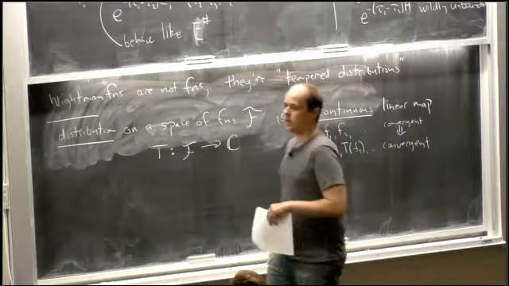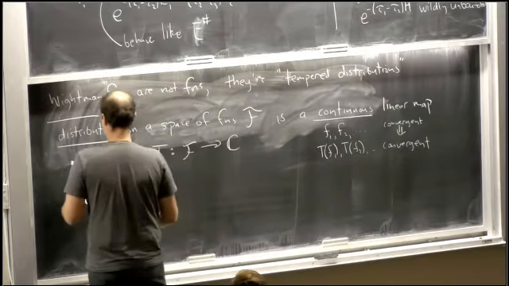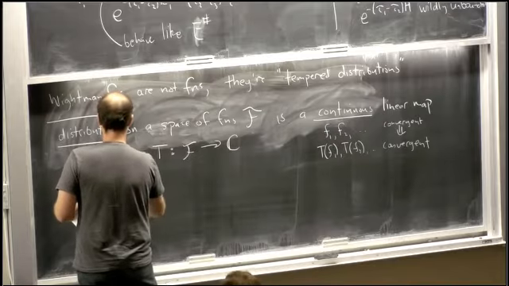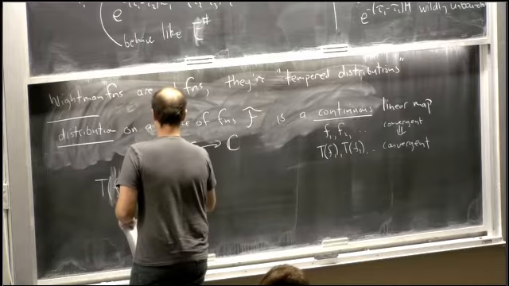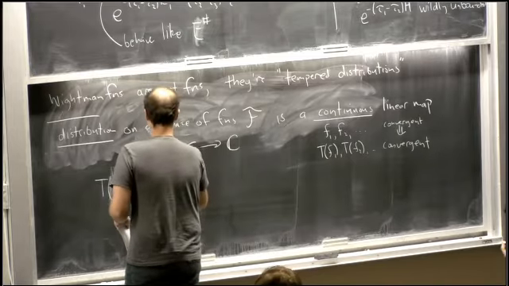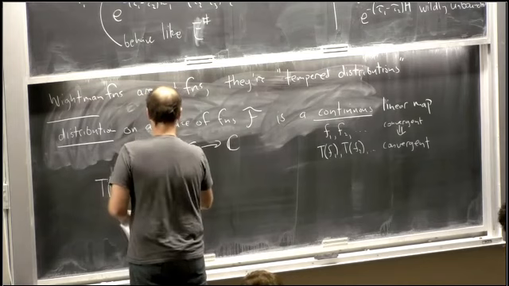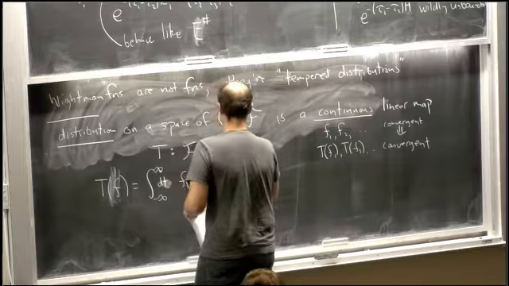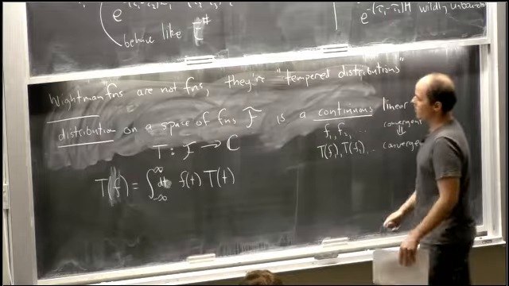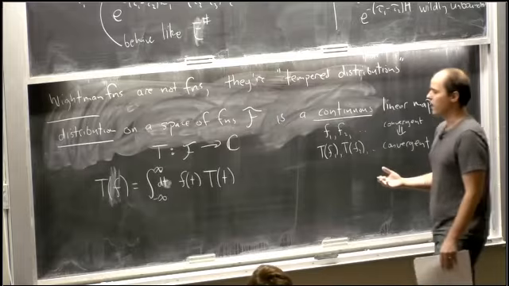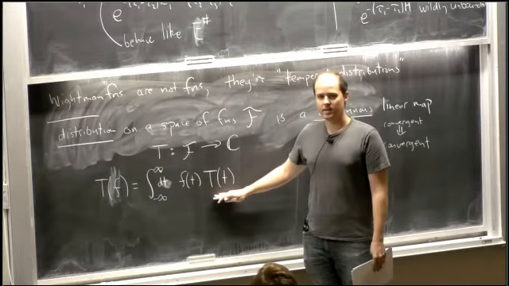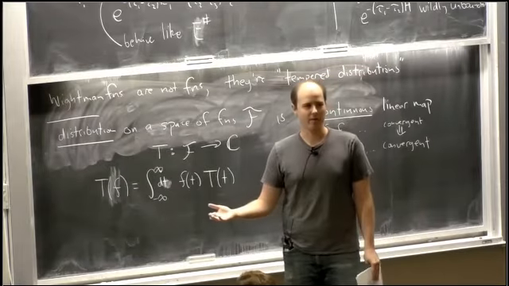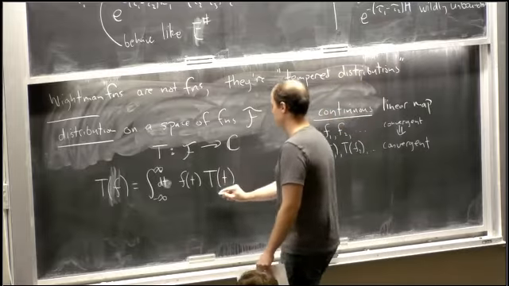Now, as physicists, we usually write formally that this distribution evaluated on a function is the integral of something against the function. So the integral dt from minus infinity to infinity of f of t times capital T of t. But the point of introducing the notion of a distribution is that this capital T of t doesn't actually have to make sense. There's an example that all of you are very familiar with, which is the Dirac delta function.